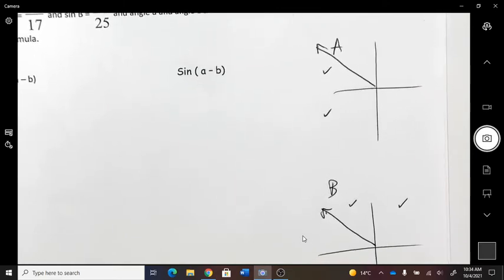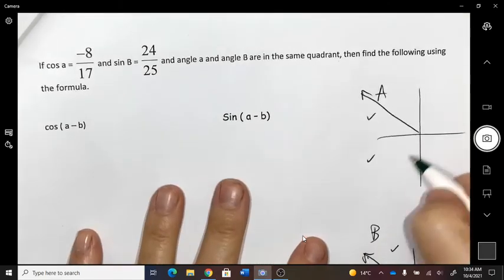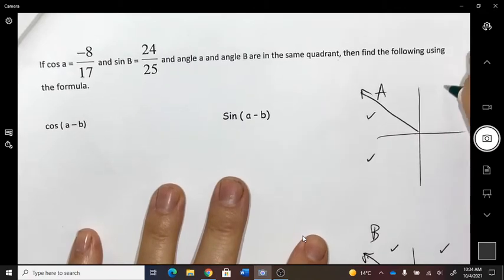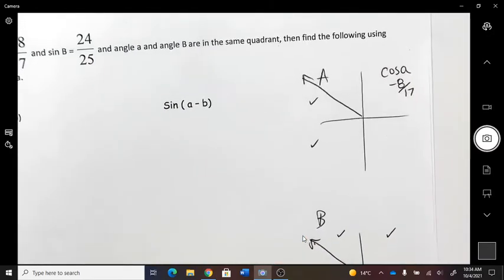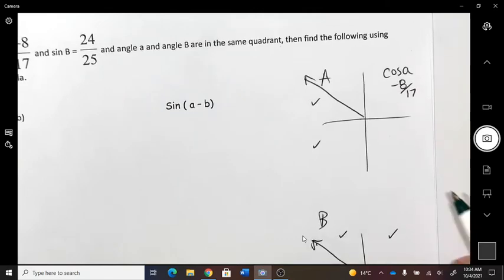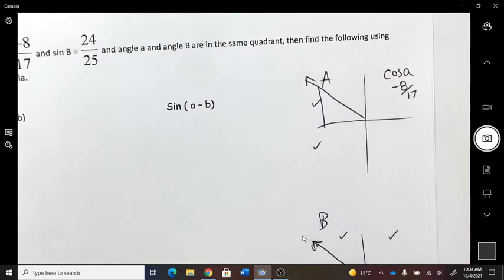Okay, the cos is -8/17. So where does that all line up in a triangle? -8 and 17.